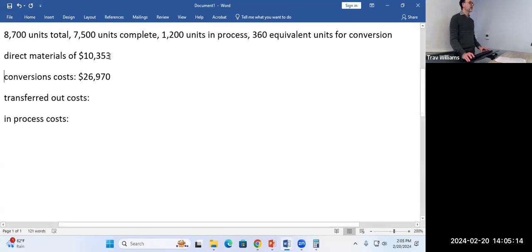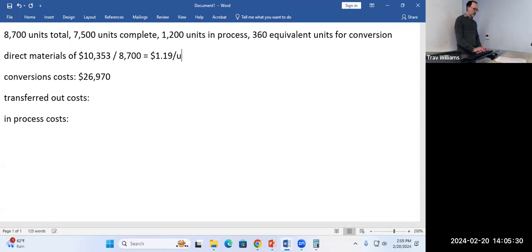If we take our total cost for materials divided by the 8,700 units, the $1.19, Emma says, that means our material cost is $1.19 per unit. Right?